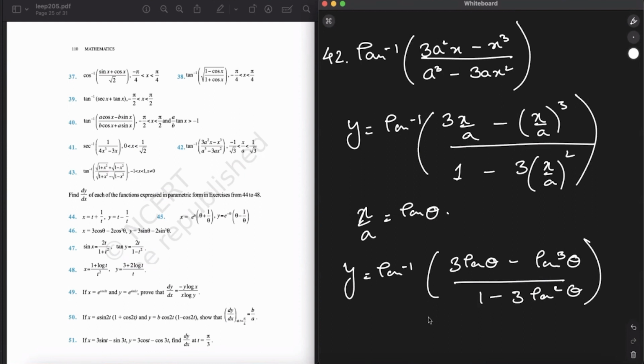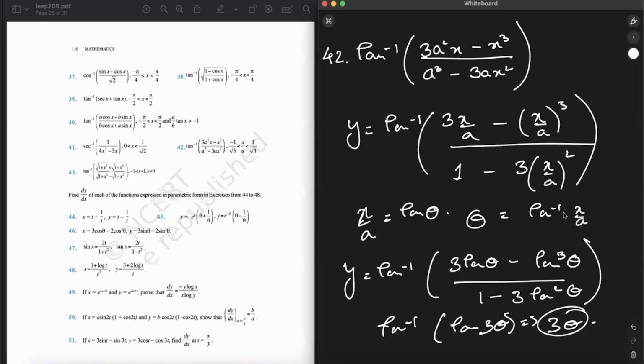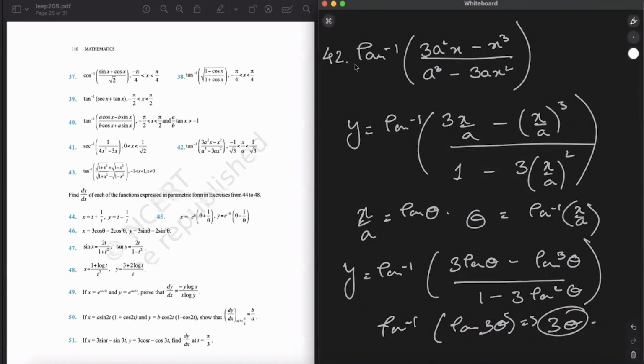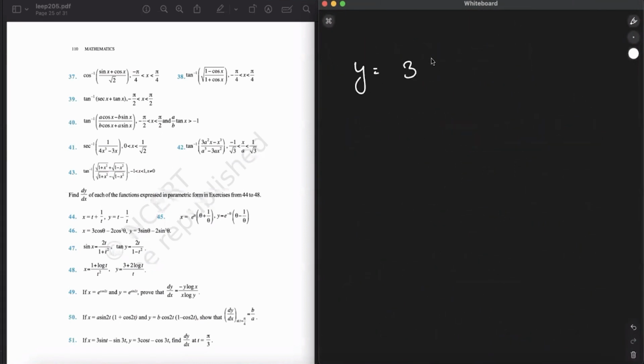And this is the formula for what? Tell me quickly. So my y is equal to tan of 3 theta, and theta is equal to tan inverse x upon a. So my y is equal to 3 times tan inverse x upon a.